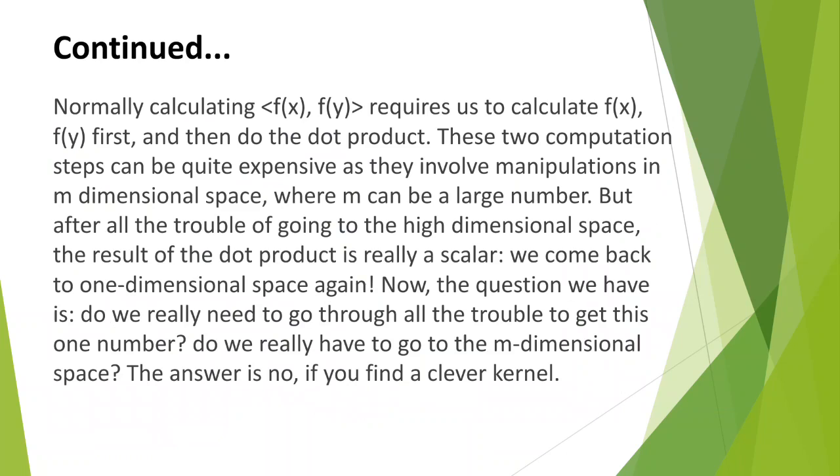But after all the trouble of going to the high dimensional space, the result of the dot product is really a scalar. We come back to one dimensional space again. Now the question we have is, do we really need to go through all the trouble to get this one number? Do we really have to go to the m-dimensional space? The answer is simply no, if you find the clever kernel.